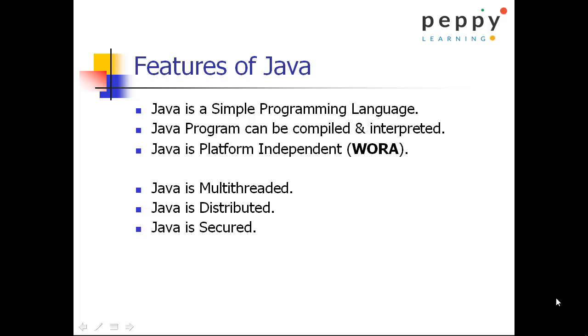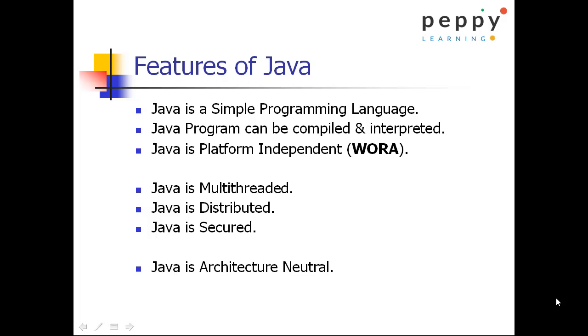Java is secured. As you are not having access to memory, Java is very secured. The memory allocation can be done by the garbage collector. It's a concept to utilize the memory effectively in your heap space. Java is architecture neutral.